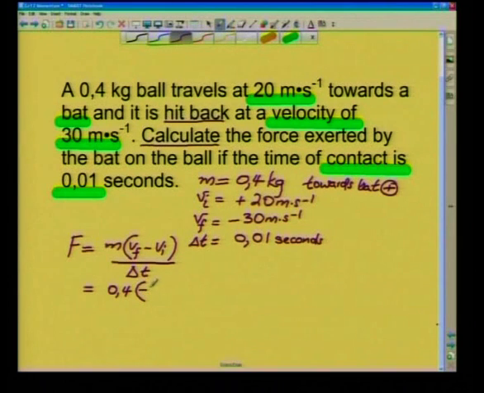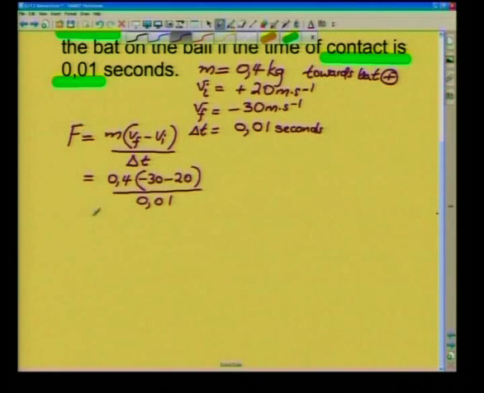V final is minus 30 meters per second. What is v initial? V initial is plus 20, so it's minus plus 20, which will be minus 20 meters per second. You divide that by the time. What is this time? 0.01 seconds. Now, what will that be?